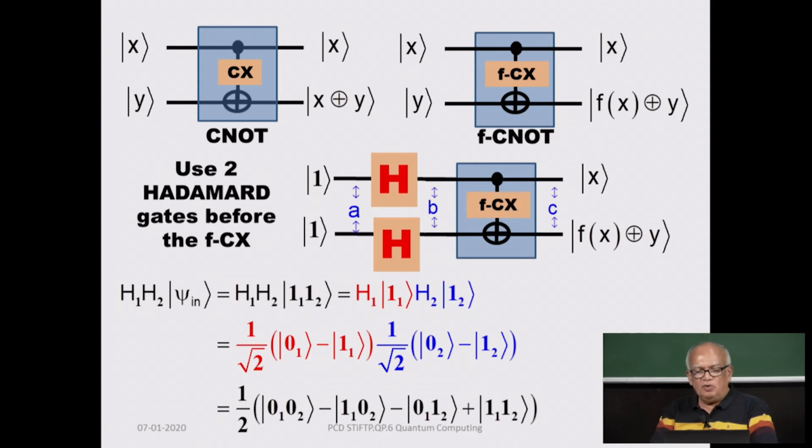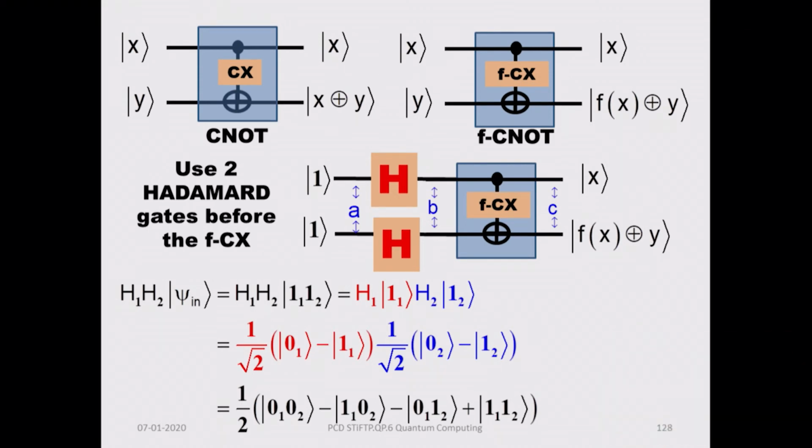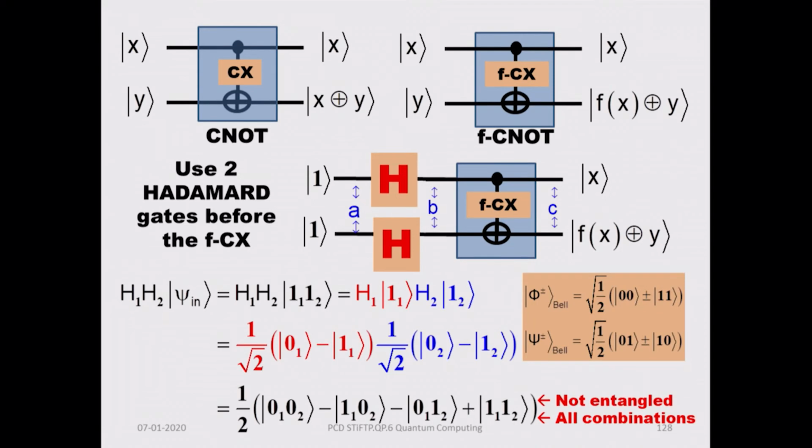And then you have 00, 10, 01 and 11, but keep track of the sign. So, you will have 00, minus 10, minus 01 and then plus 11. It is just a direct product that we have carried out.